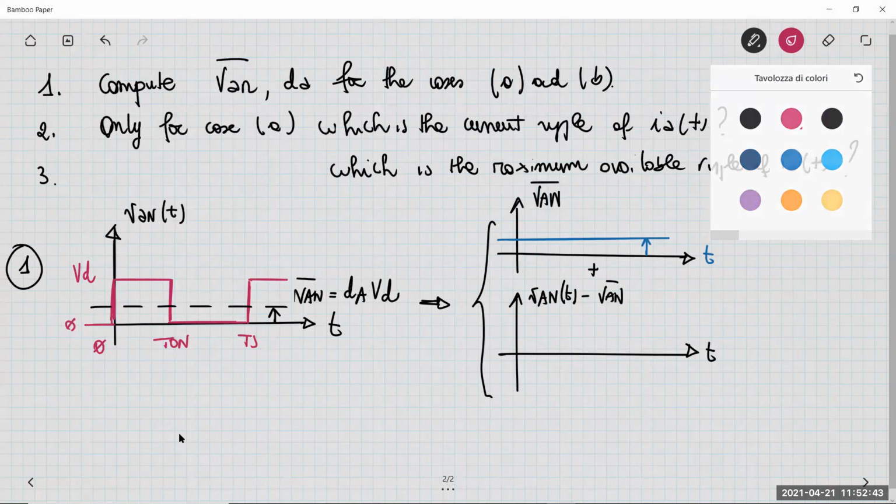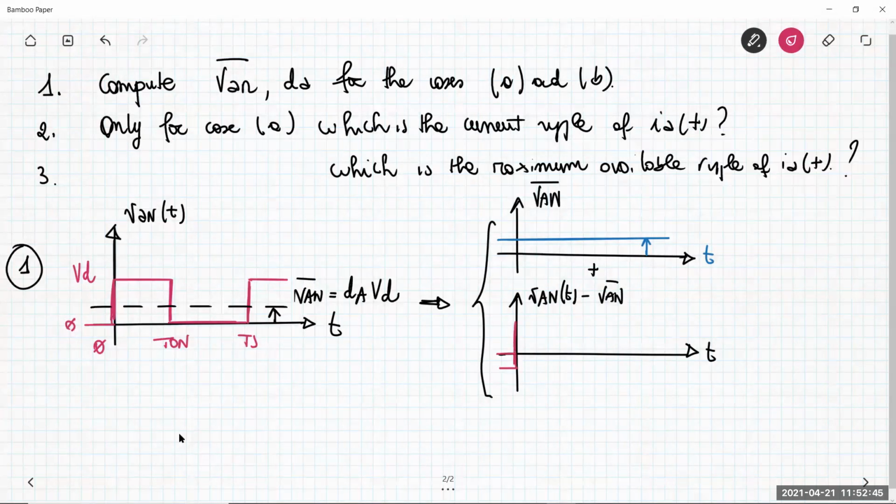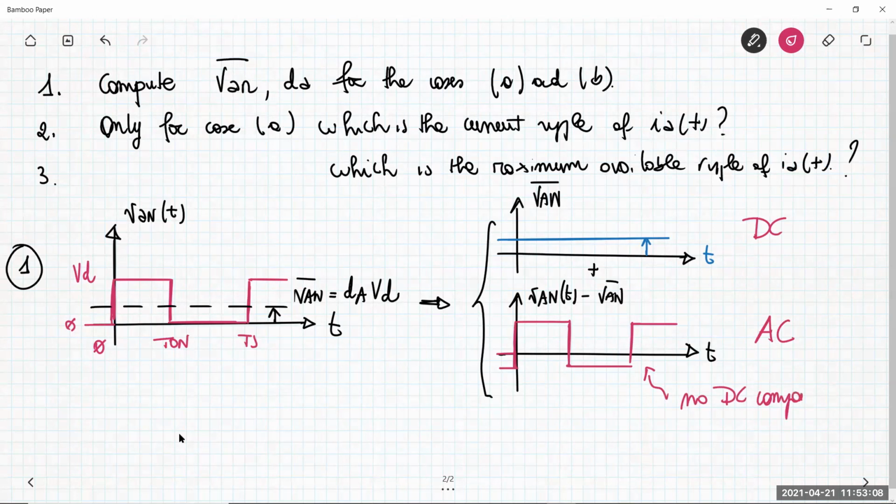So this is the first one, the DC average value is just the DC part, and this is just the AC part. Here no DC component is present, so this is just AC, just the variation.